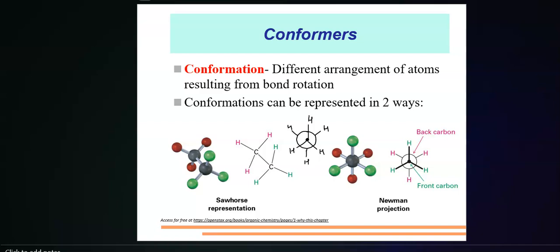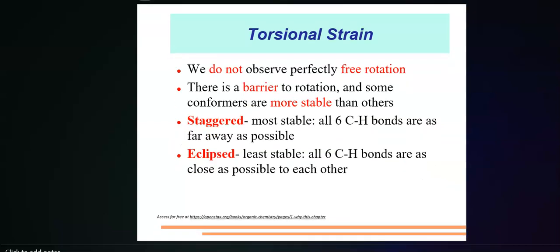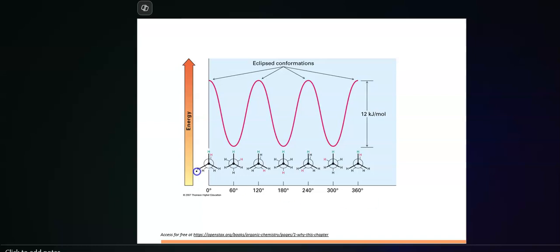Here are the two different structures, where you can see that the first one is the eclipsed one, then comes the staggered, then eclipsed and staggered, and so on.